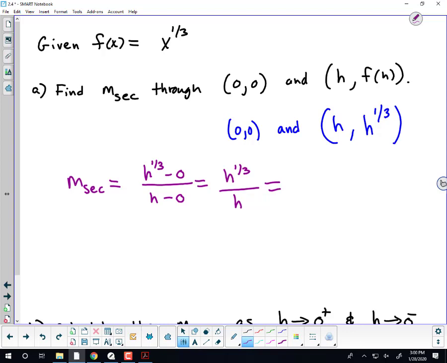We wouldn't change the roots here. It will be h to the negative 2/3. Right, yeah. So by properties of exponents, we subtract the power of the denominator from the power of the numerator. So that's h to the 1/3 minus 1 power. Y'all remember? Which is h to the negative 2/3.